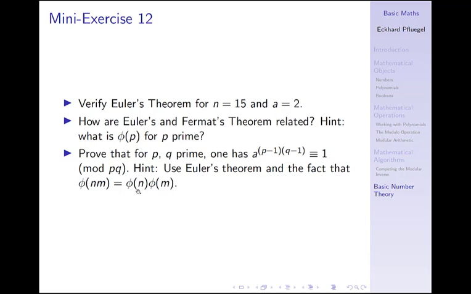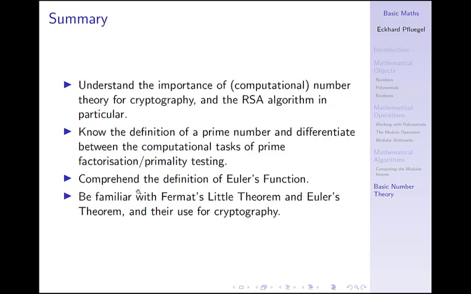You can assume that. Let me finish by summarizing the basic number theory part of this lecture. I hope that by now you understand the importance of number theory for cryptography and get a better feeling for the kind of things we want to do.